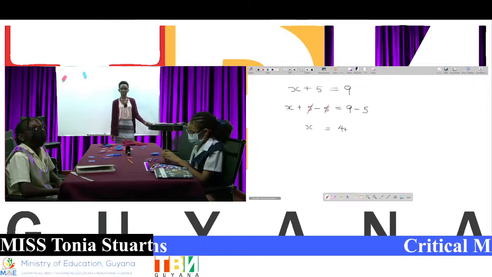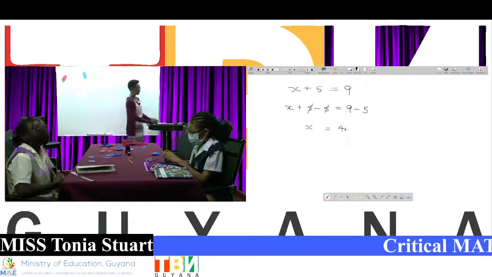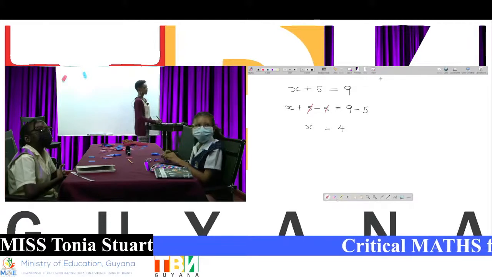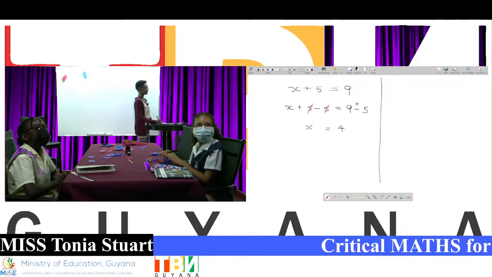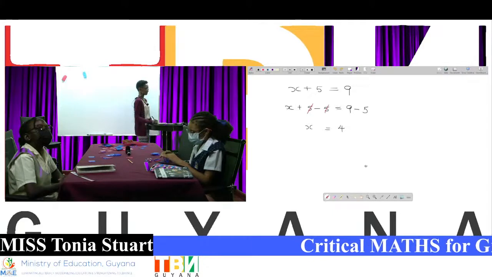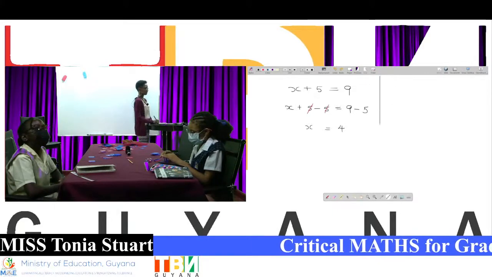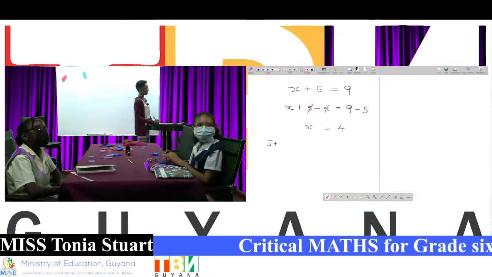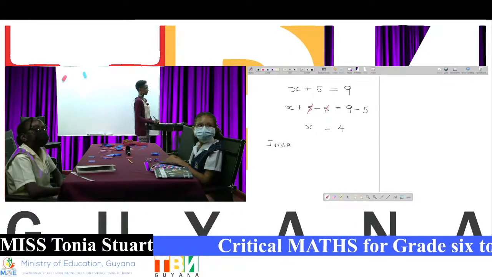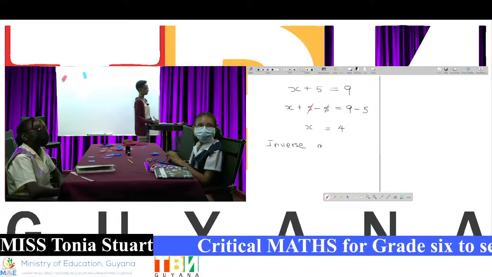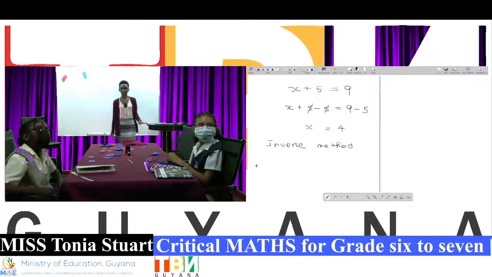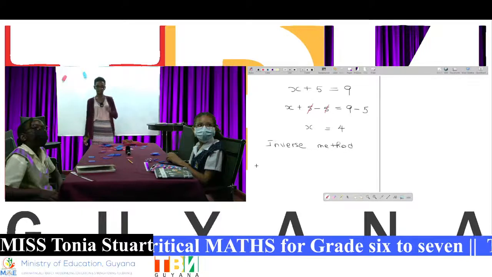Make sense? Yes. Great. So in essence, this method is called the inverse method, utilizing the tiles.